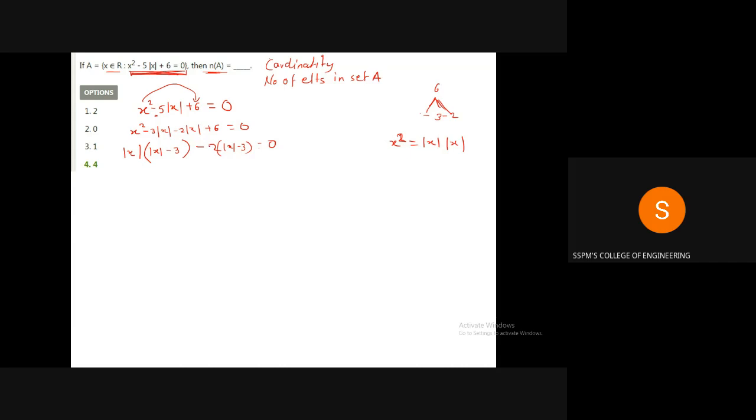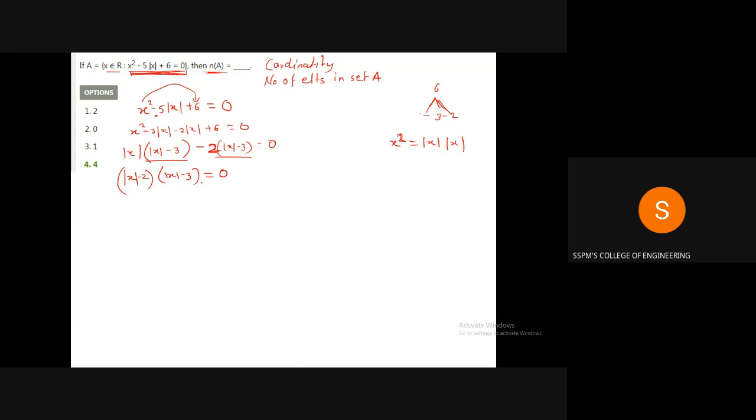We already know how to solve a quadratic equation by the factorization method. So this is again the same. So we have mod x minus 2 in one bracket and mod x minus 3 in another bracket is equal to what?